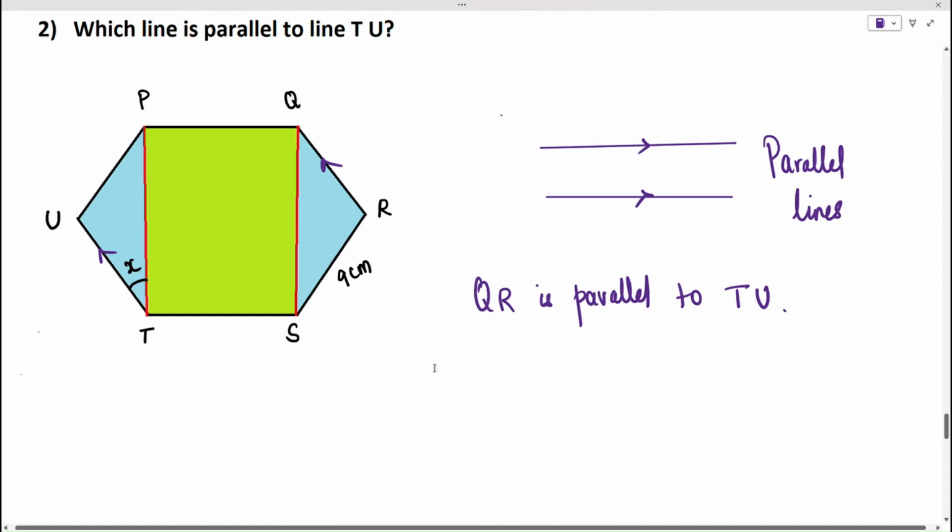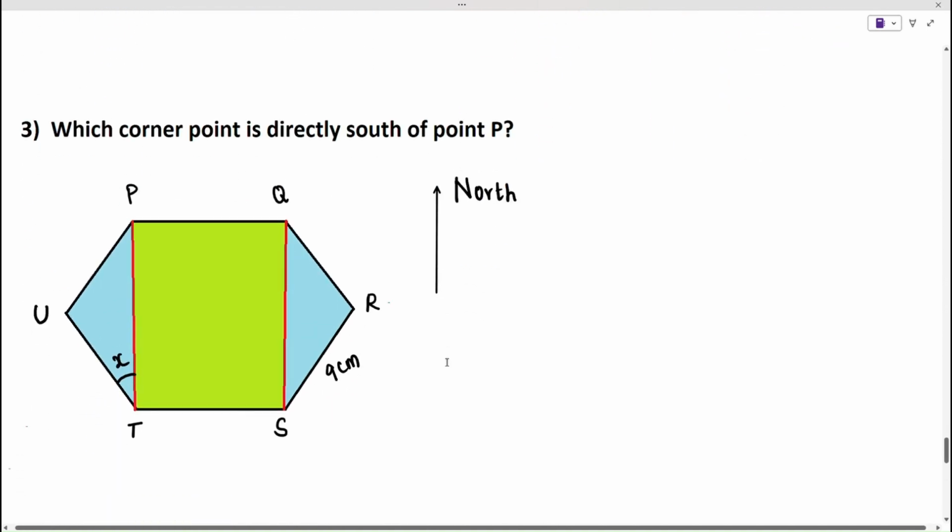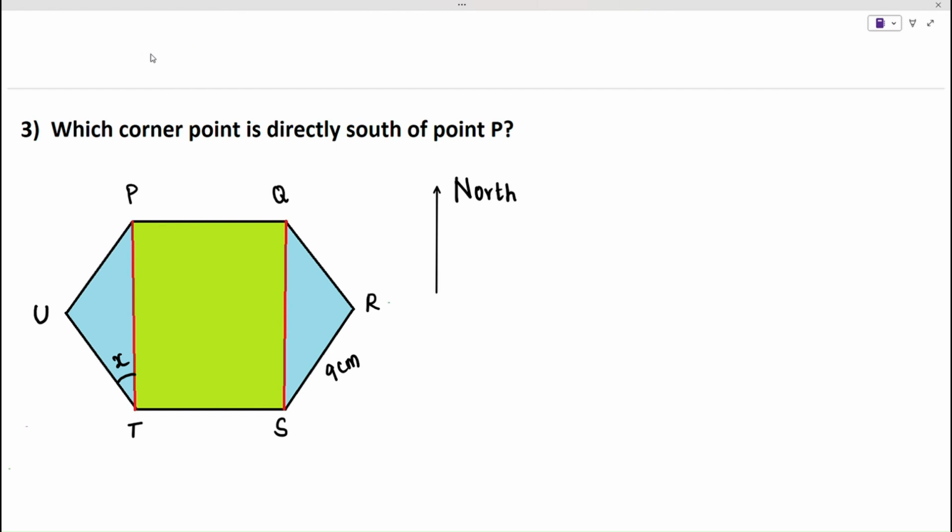Now, we will go on to the third part. Which corner point is directly south of point P? So we have point P here on our top left, and we have to find the point that is directly south of point P. Given one of our directions here is north, we can assume that directly down would be south.